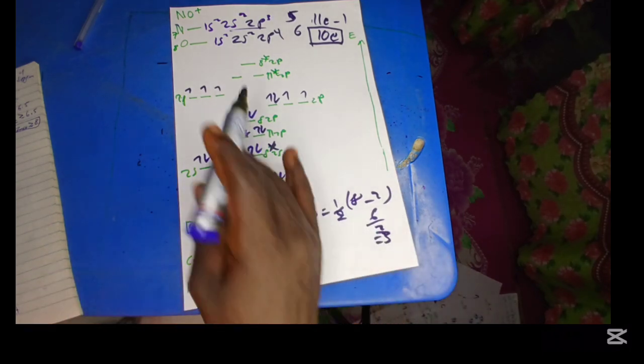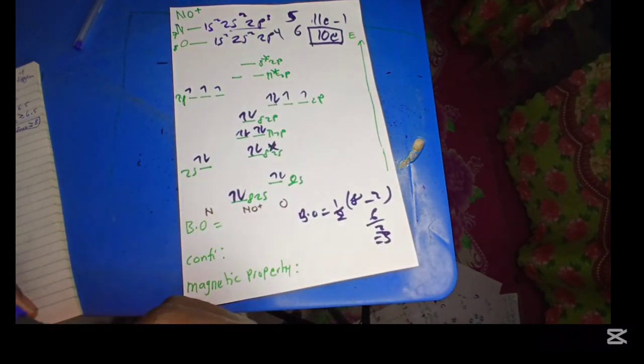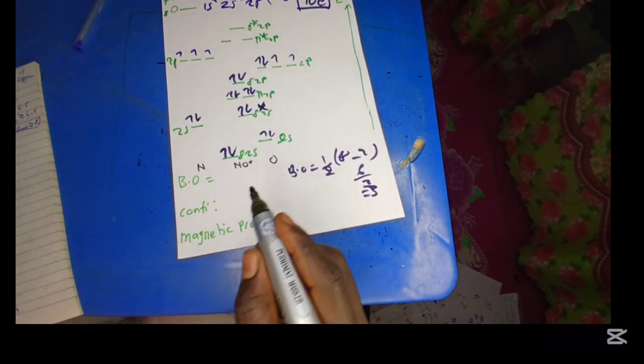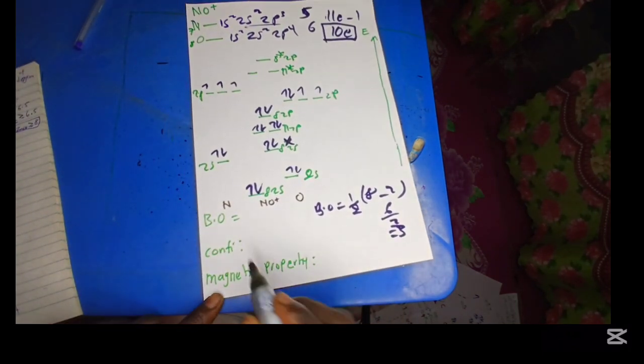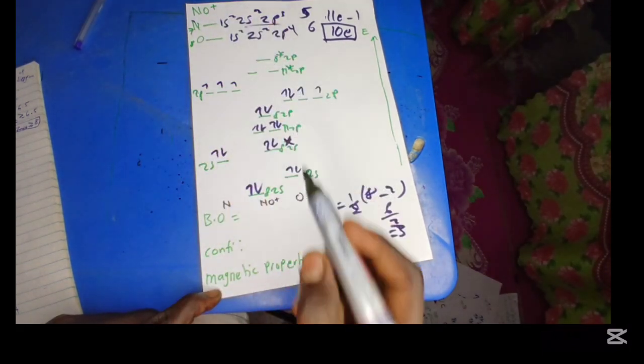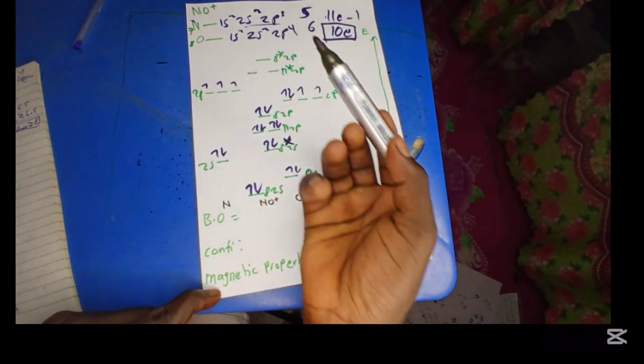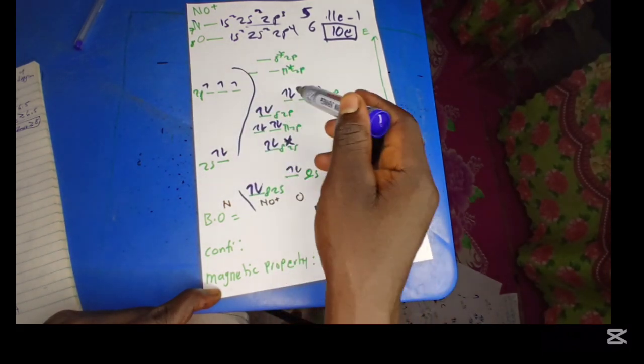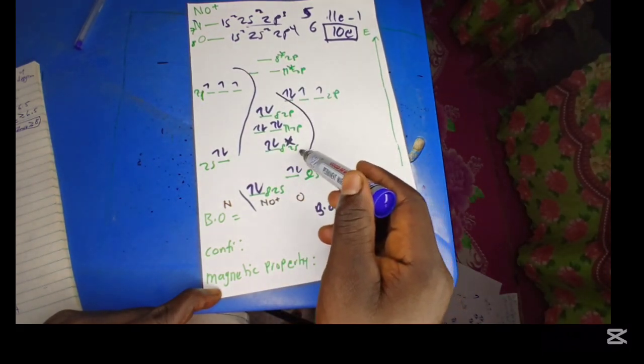So that means the bond order for NO plus is 3. Okay, let's look at its magnetic property. Magnetic property for NO plus, can you guess it? If we have to look for the magnetic property, we have to consider only the molecular orbitals.